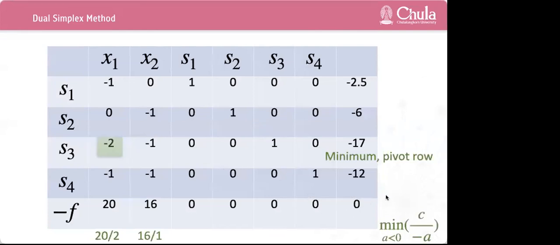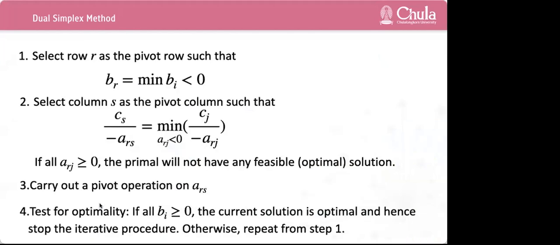And well, now the condition is, we select this column, it's 20. First, select row R as the pivot row such that BR is the minimum of BI less than or equal 0.